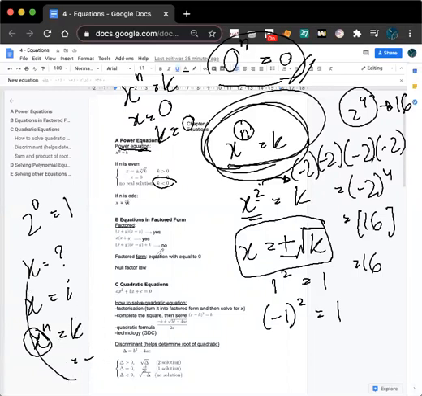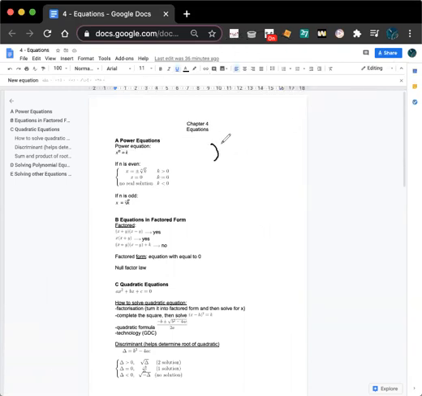I mean, k just doesn't exist in a way because of x's non-real existence. But then if x to the power of n, if n is an odd number, then a way to find x is just to root the k with the power that you have.